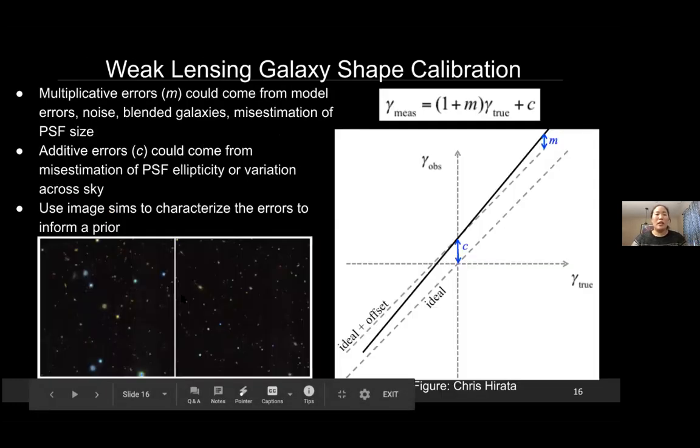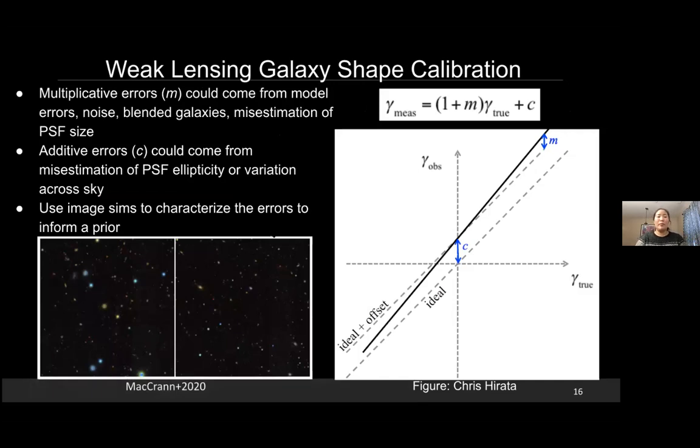And then I was saying that calibration is very important. So if we look at this equation in the top right, the measured shear is equal to the true shear modified by two factors. There's this M, which is a multiplicative bias, and then there's a C term here, which is an additive term.